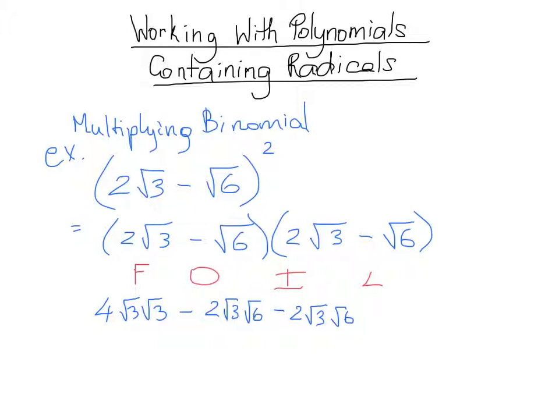And finally, last, so our two last terms, when we multiply, we get plus root 6 root 6. So this has a way to go before it's fully simplified. So that's actually 4 root 9 minus, now notice here we have like radicals here and here, so that is minus 4 root 3 root 6.